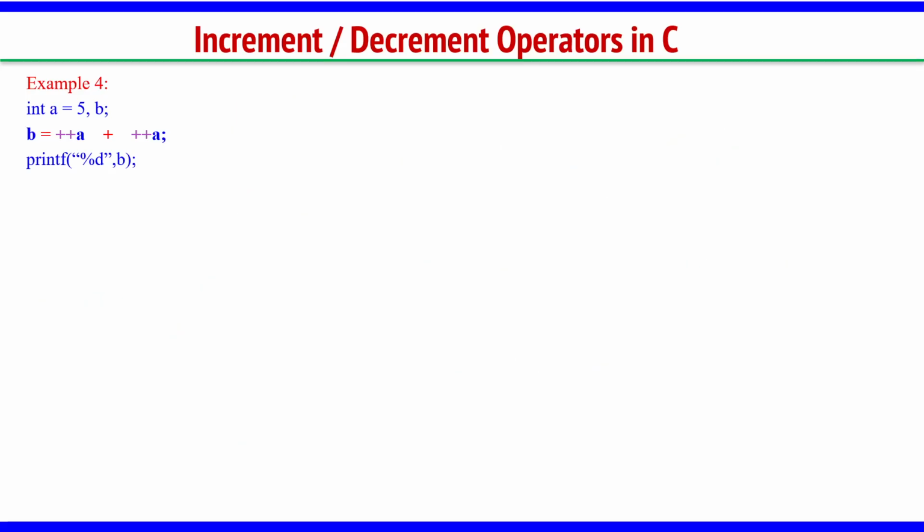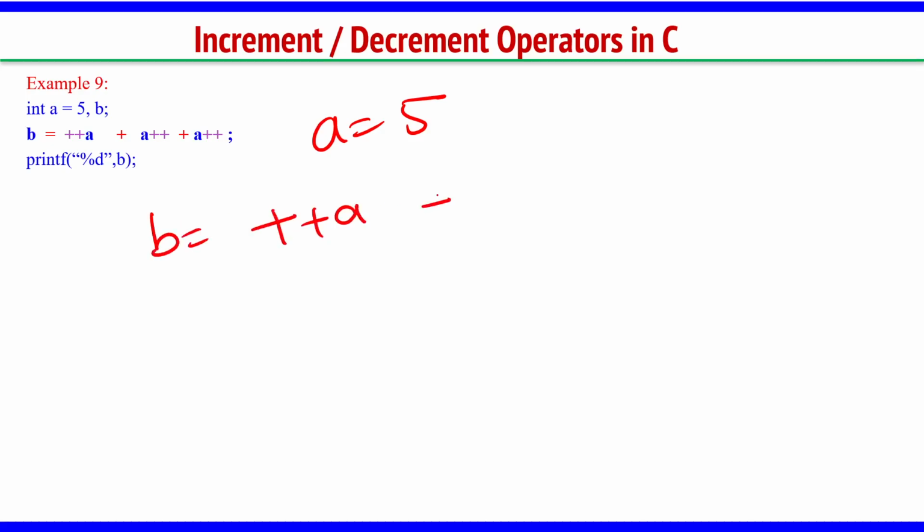Okay. So, yeah, maybe now all of this can be solved. One typical problem, let me take. Yeah, let's take this problem. a is 5. So, b equal to ++a + a++ + a++. Now, tell me, when there are 3 expressions, how do you solve this?